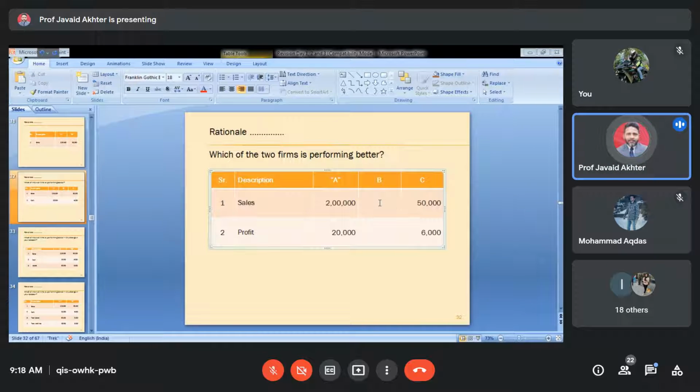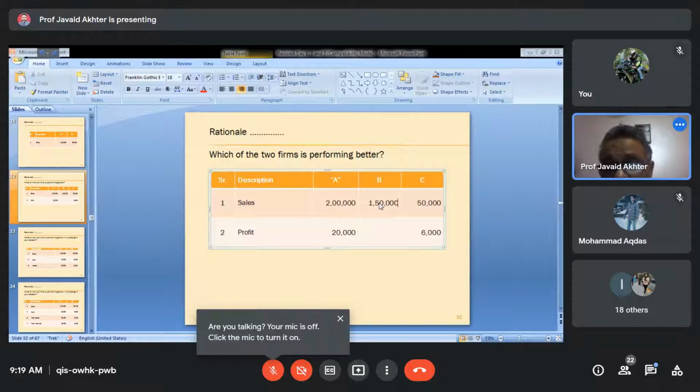A you are selling for 2 lakh, B, C for 50 lakh, and D for 1 lakh 50,000. So the total becomes 4 lakh.